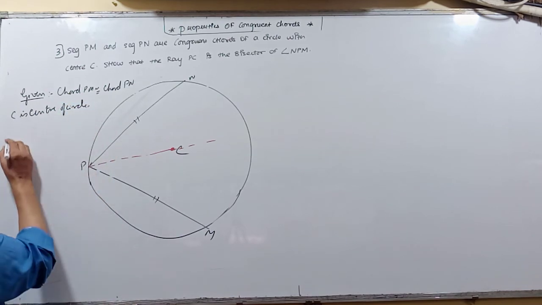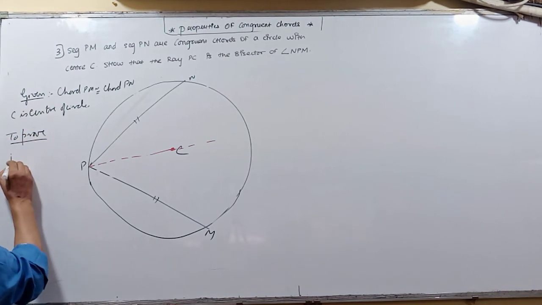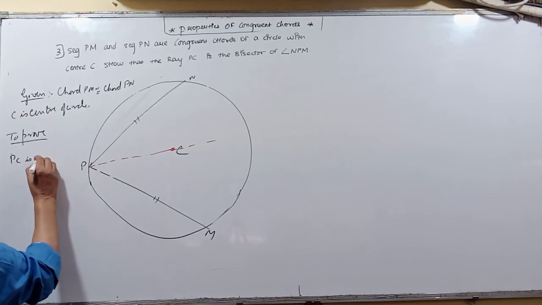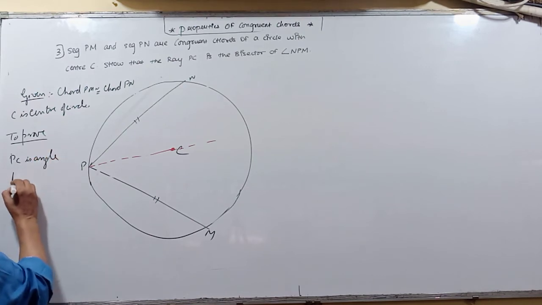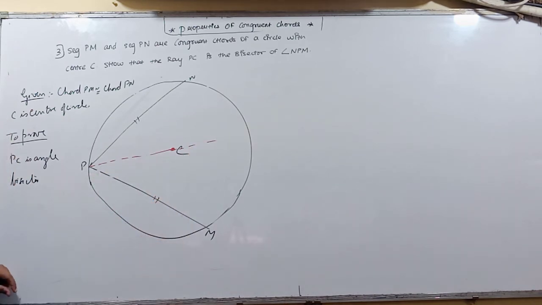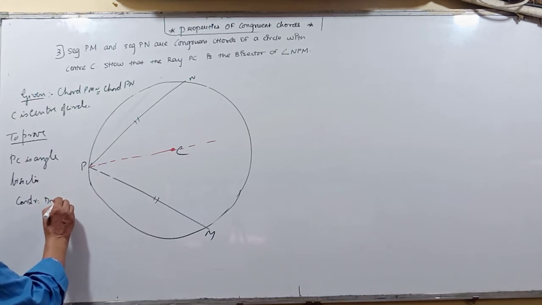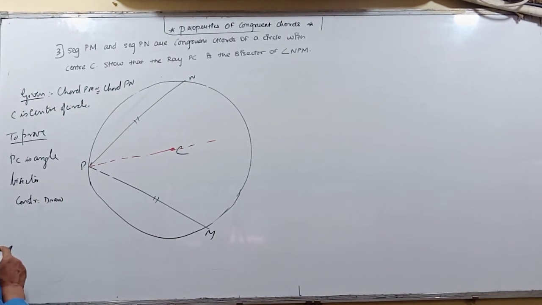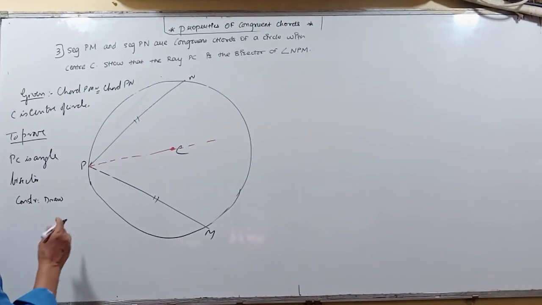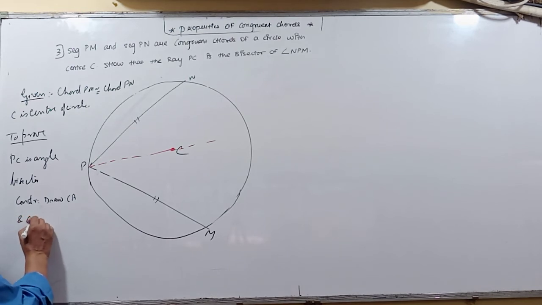Now to prove: PC is the angle bisector. To prove that this is the angle bisector, we will do a construction. Draw CA and CB.